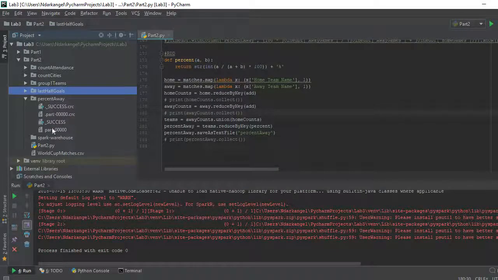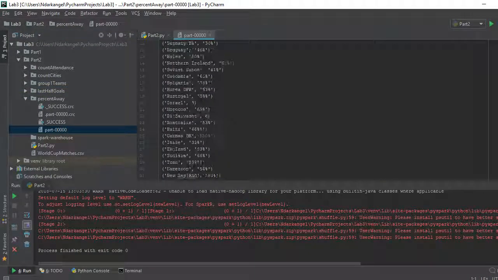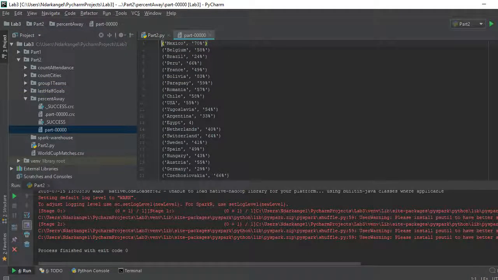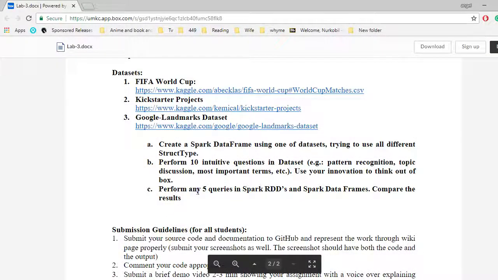You can see here our results, and this is our results. You see that? So when we compare all these things, part C of our assignment was to compare the results. When we compare the results, most times the SQL and Spark data frames are similar, but the more complex the request is, the more complex and bigger the Spark data frame code gets.